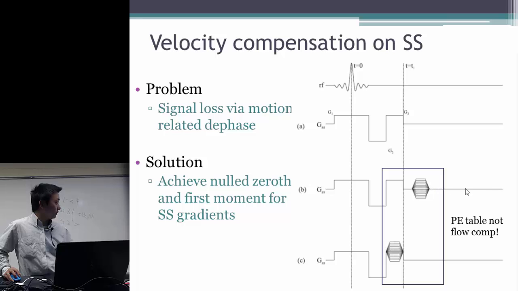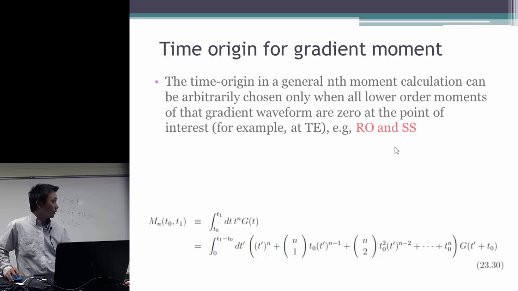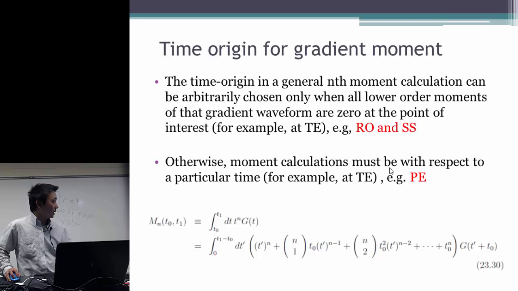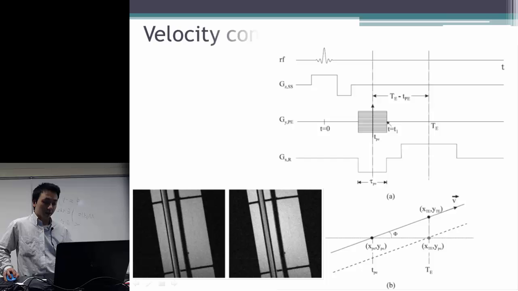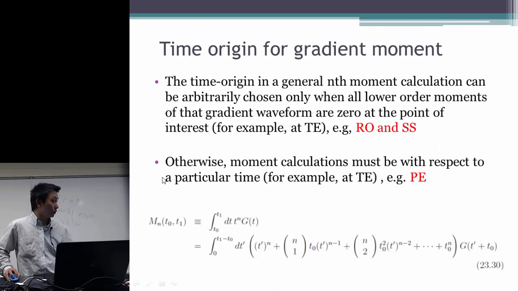So the zeroth moment along the phase encoding gradient will not be zero anytime after it's played out. So we cannot use any arbitrary time origin for its calculation. We have to use a specific time for the calculation. So usually we would use the TE as the time origin.